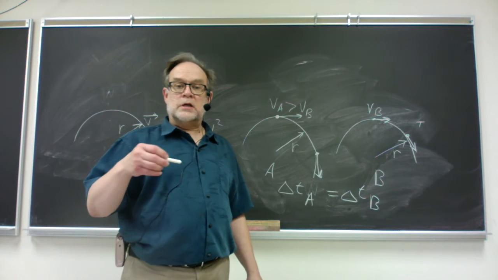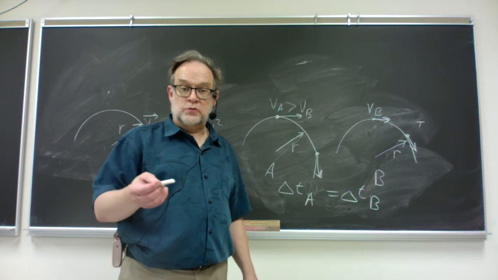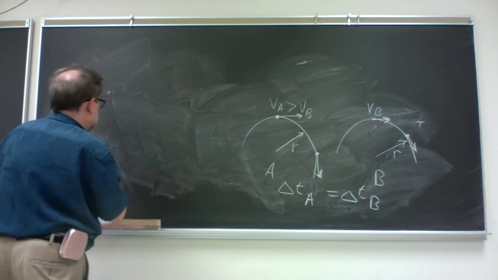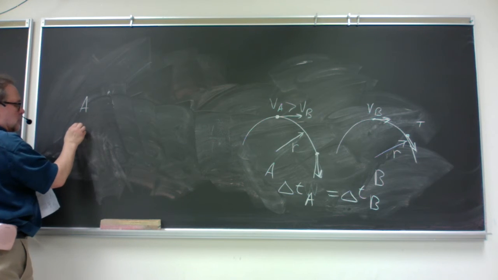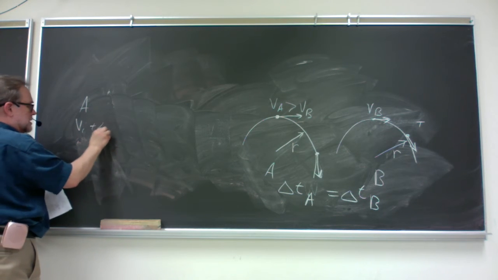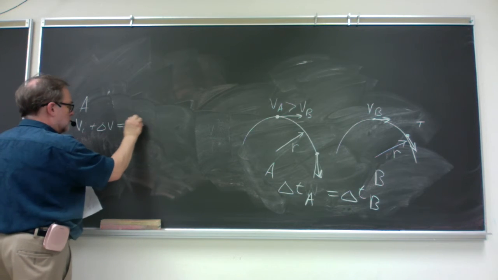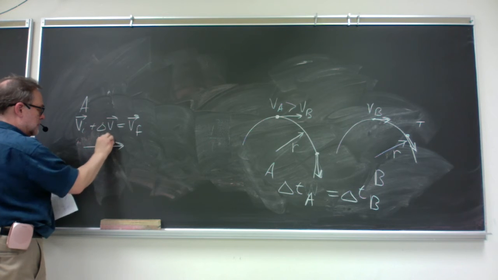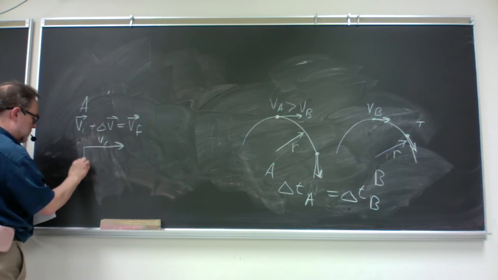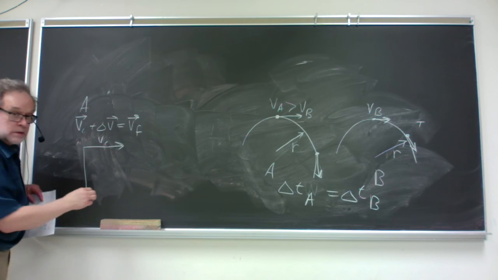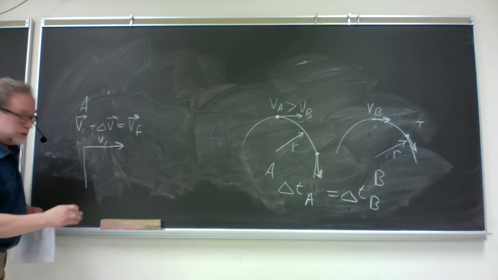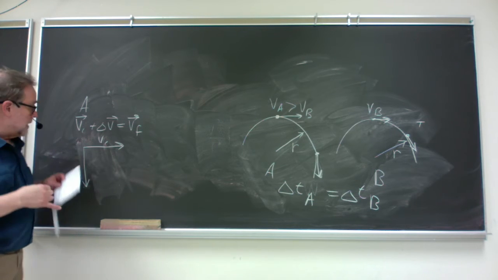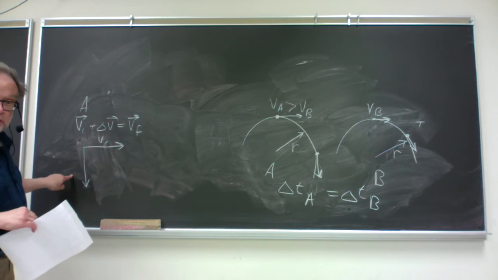Now, let's compare the delta V's for the two cases. For A, remember that V initial plus delta V equals V final. The initial velocity was like this, and then the final velocity was like this, same speed, so I want to draw these arrows with the same length. And then what kind of a delta V did I have to add to this in order to get this?